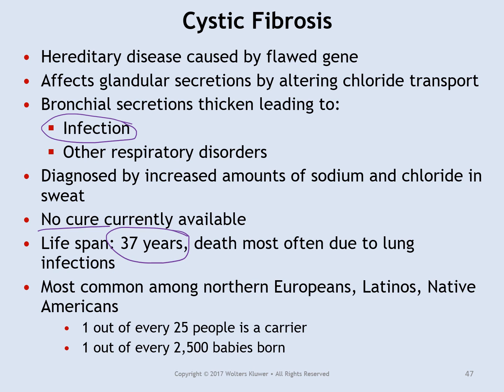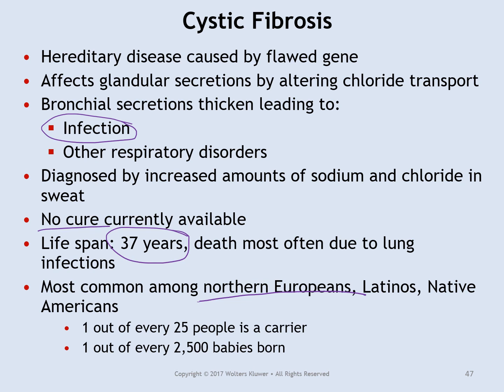Sickle cell anemia that you probably talked about last week, you see in populations that are African, Middle Eastern, Mediterranean, Indian descent. Cystic fibrosis is kind of your classic white person disease. You see this in people who descend from Northern Europeans. You do see it sometimes also in Latinos and in Native American populations as well.